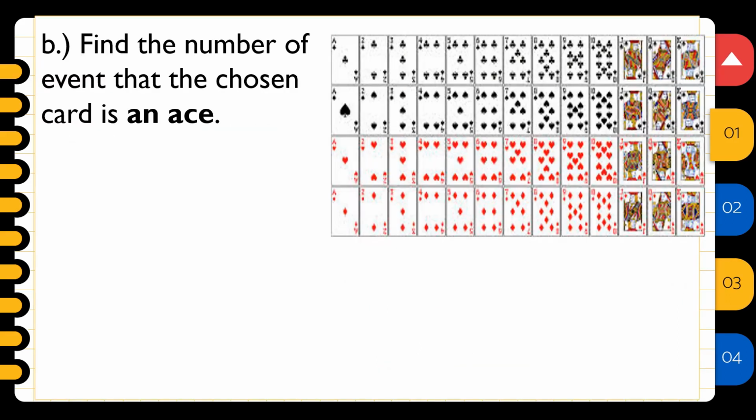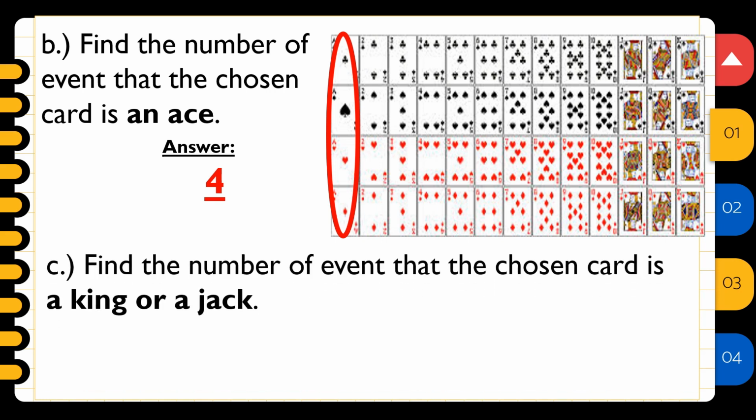Letter B. Find the number of events that the chosen card is an ace. How many aces are there in our cards? Yes, there are 4 aces. Okay. Next, letter C. Find the number of events that the chosen card is a king or a jack. Here, there are 4 kings and also 4 jacks.